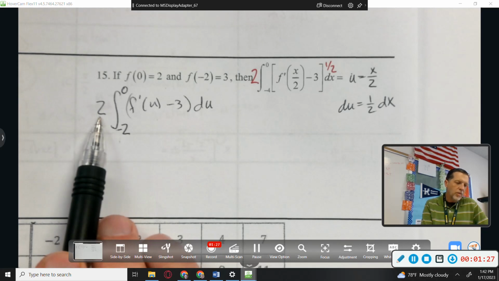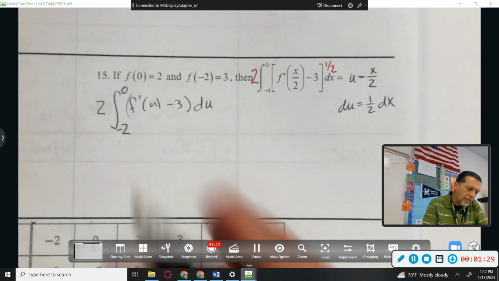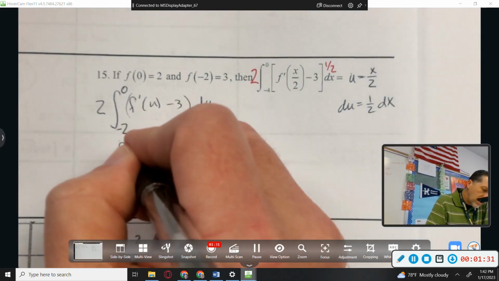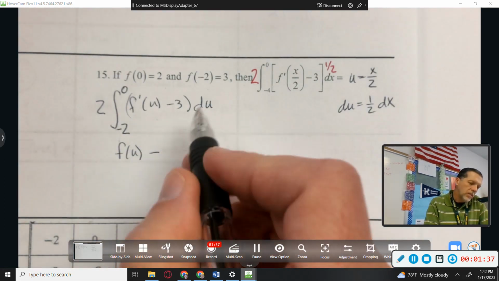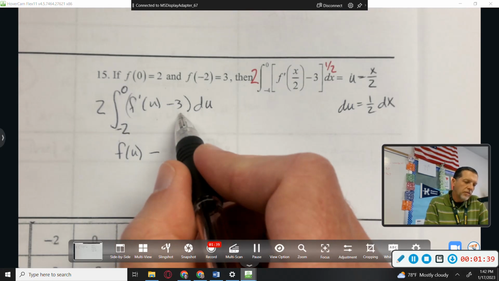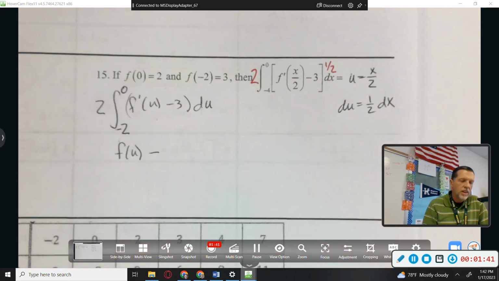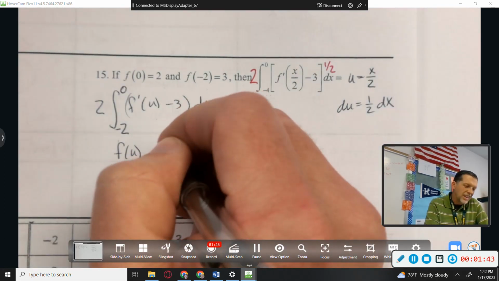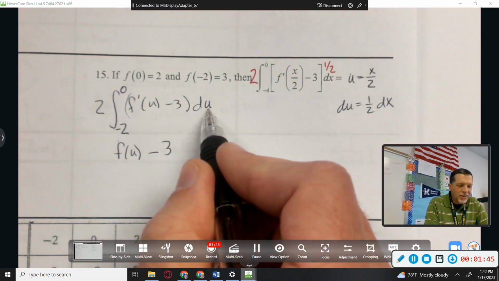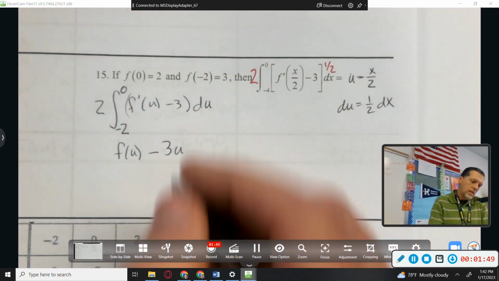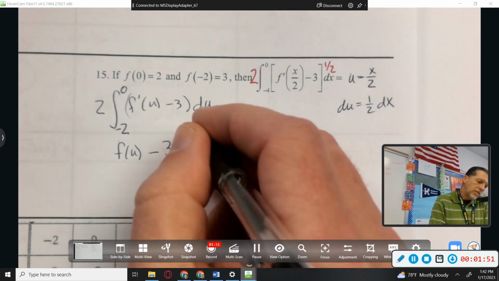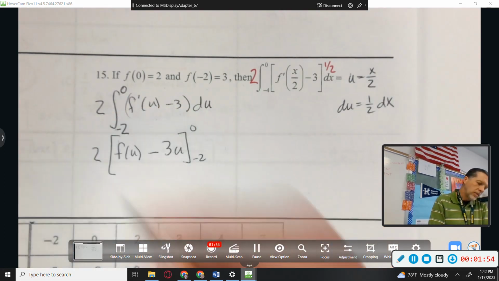So the antiderivative of f prime is f. So f of u minus, what's the antiderivative of 3? 3x. Well, if there was dx, it'd be x. 3u. So it's going to be 3u from negative 2 to 0 with the 2 out front.